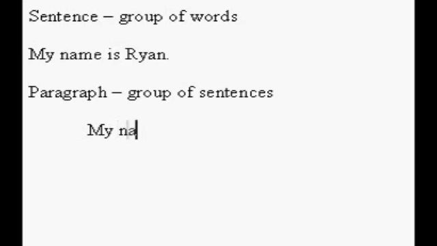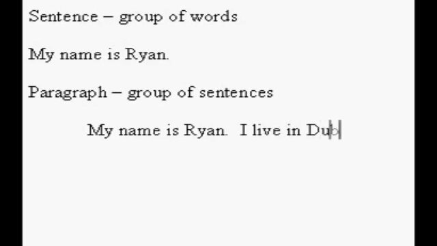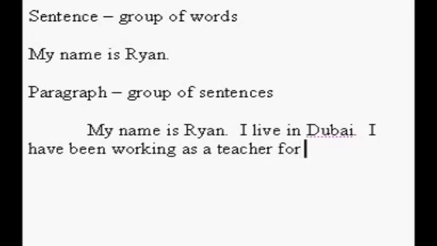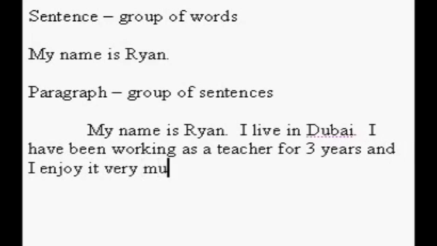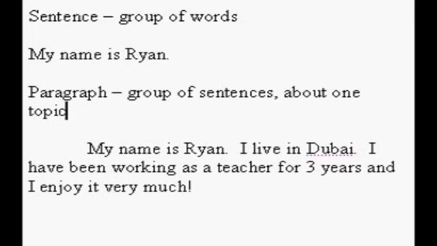Now, if I write a short paragraph, okay, so in this brief paragraph, I have stuck to one subject, which is myself. So a paragraph is a group of sentences about one topic.